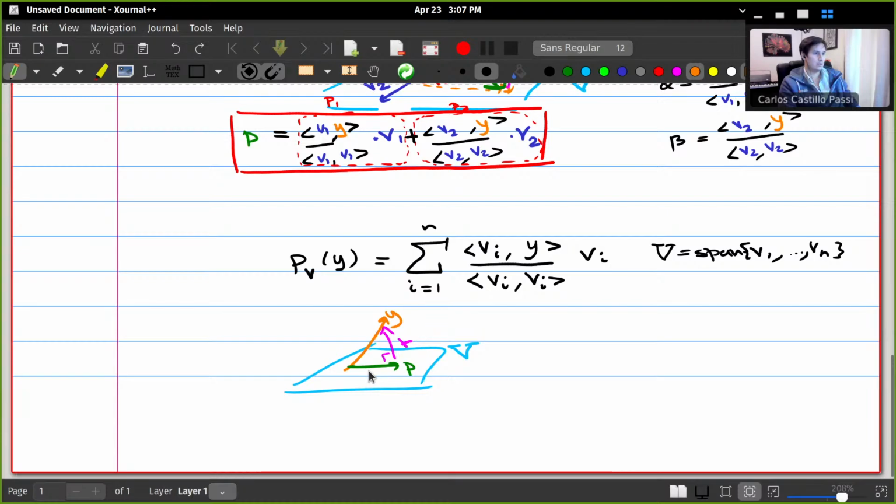Let me put it maybe as this. You can see that if the vector R is a little bit longer, that means that this angle is not 90 degrees. And if it's not 90 degrees, it's not an orthogonal projection. So to one side it looks like this, but to the other side it looks like this.